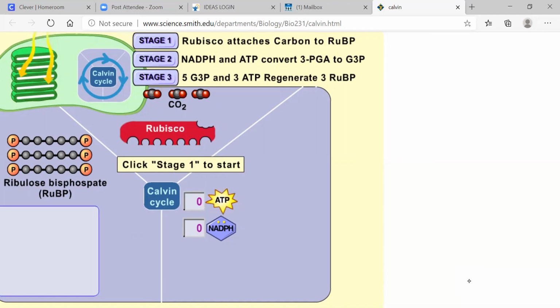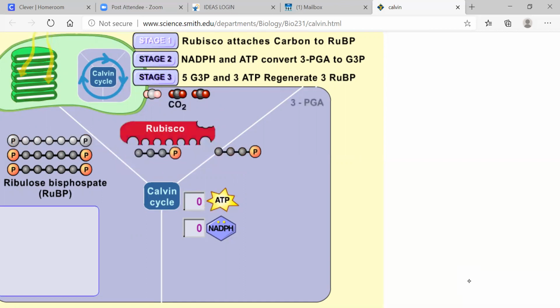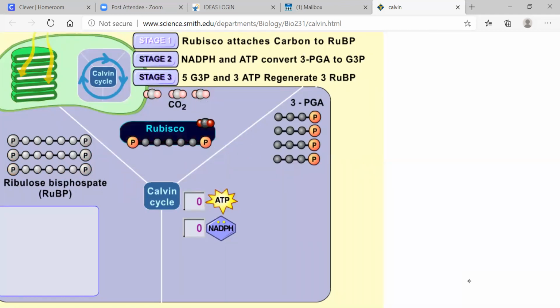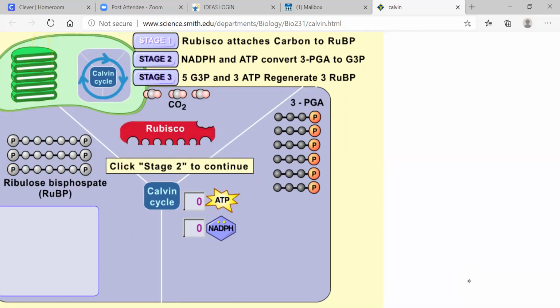Here it goes. 2, 4, 6. So did you use any ATP with that? How about any NADPH? No. The enzyme just brought them together, and the molecule was so big, it was a 6-carbon molecule. It broke apart. That was phase 1.